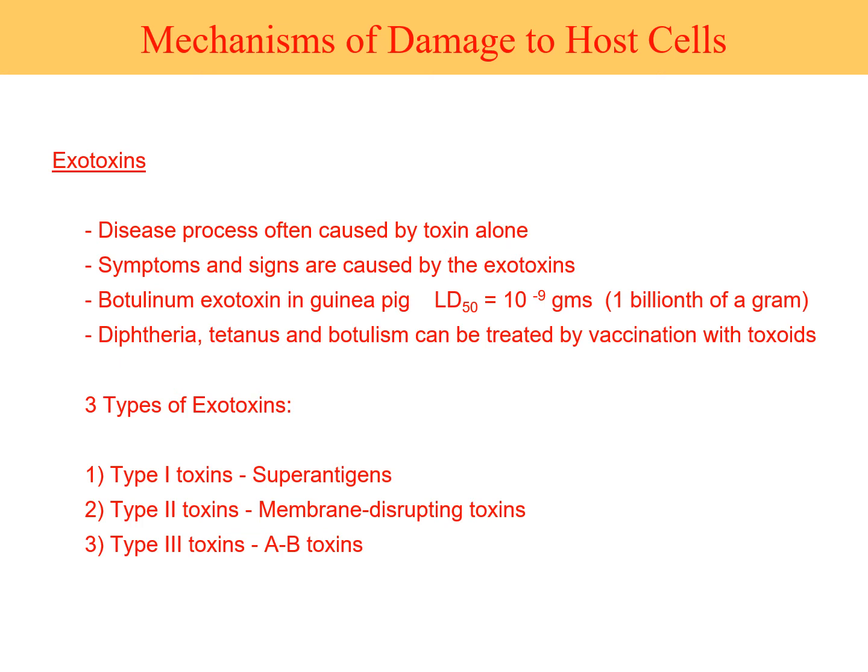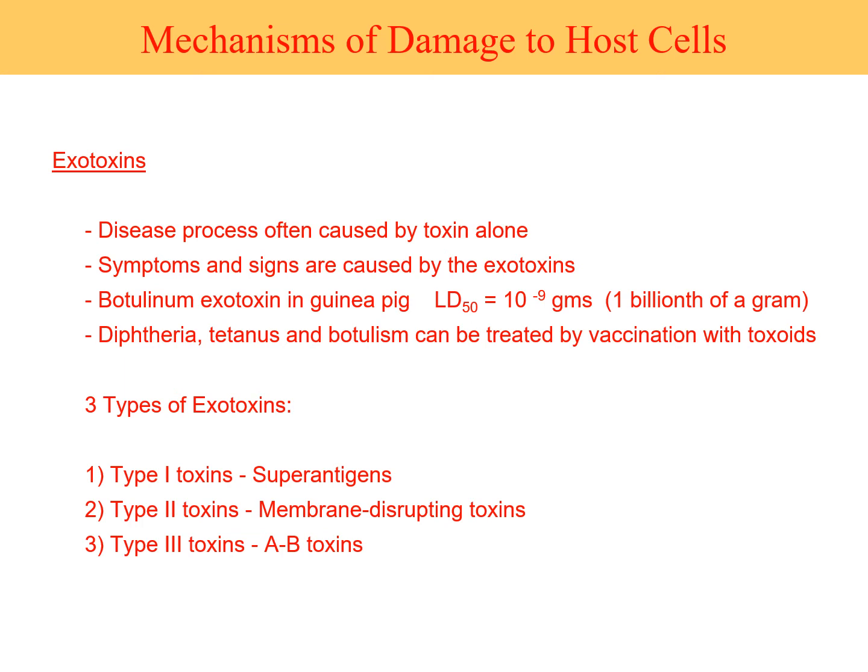For example, botulinum exotoxin produced by the organism Clostridium botulinum is extremely toxic, and toxicity, by the way, is different for different animal species. Humans actually are not as sensitive as guinea pigs. Guinea pigs are a very good animal model for disease caused by botulinum exotoxins.